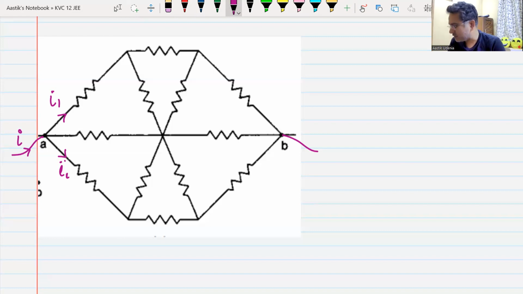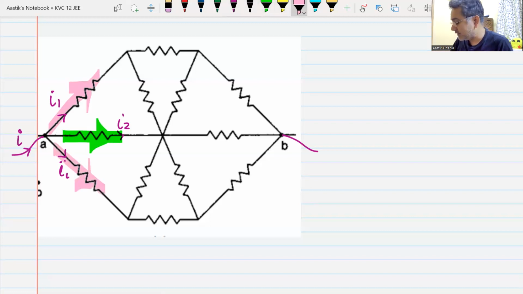That makes things a lot easier. So whatever current goes in this part will not be the same, it will be different. I2. Now, since we understand symmetry, I can do it in a variety of ways. I1 is going like this, and this I2 is going like this, and again the same I1 is going like this.